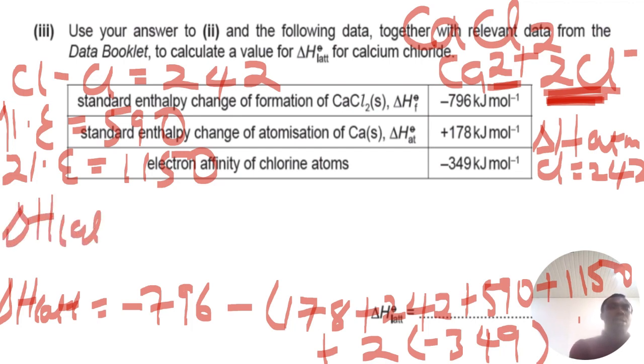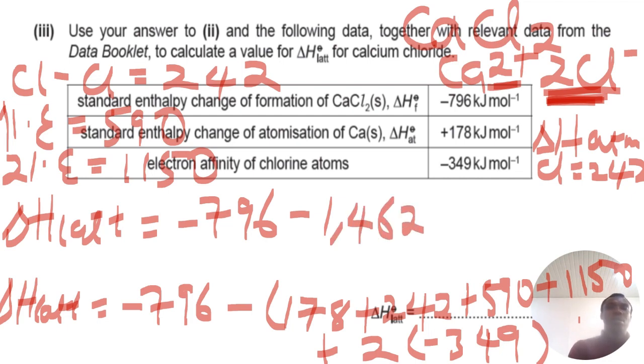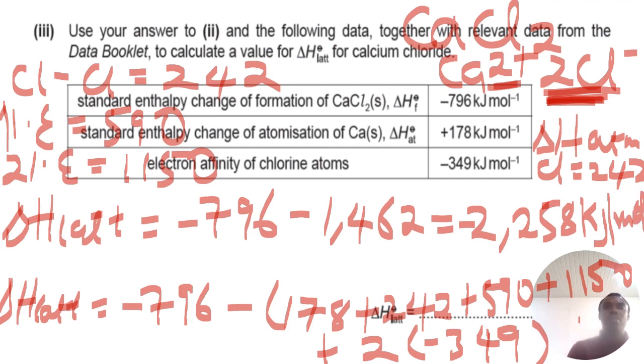The lattice energy now will be equal to minus 796 minus 1462, which will now be equal to minus 2,258 kilojoule per mole.